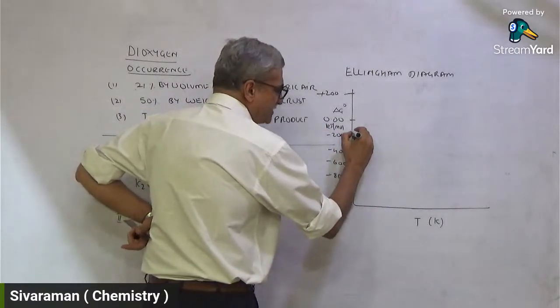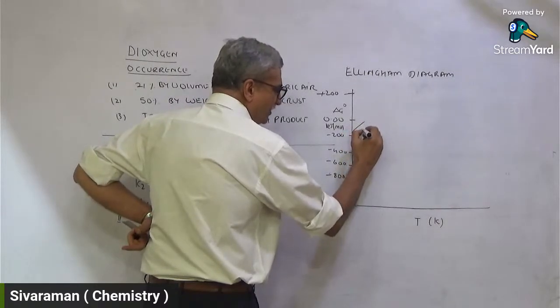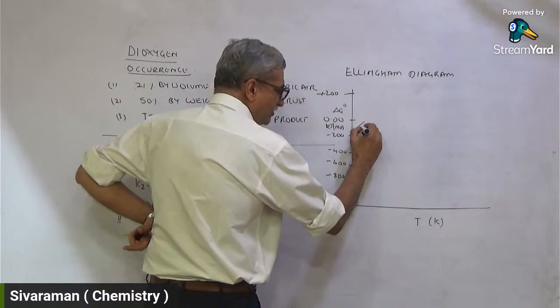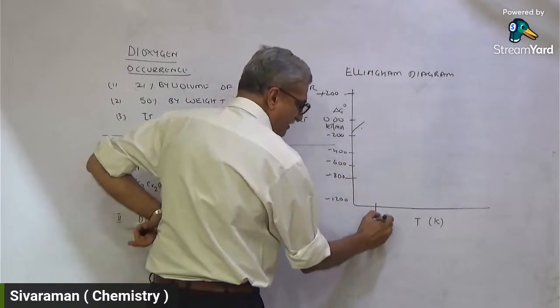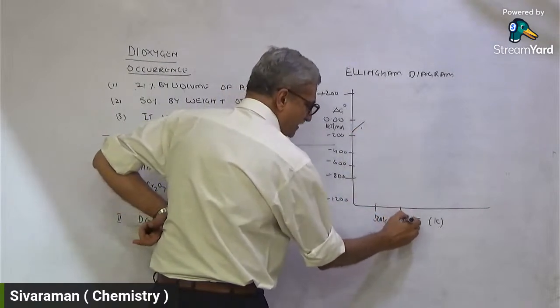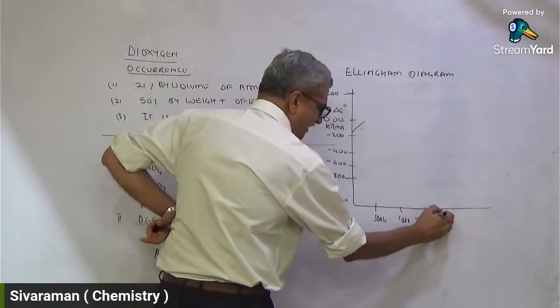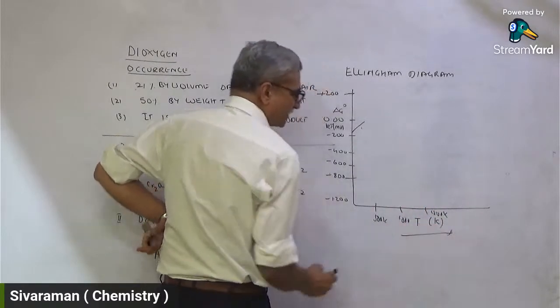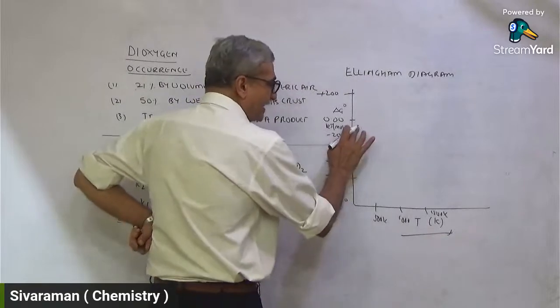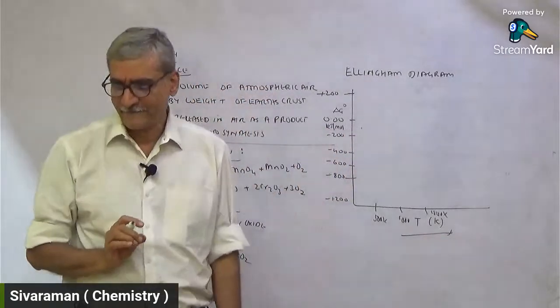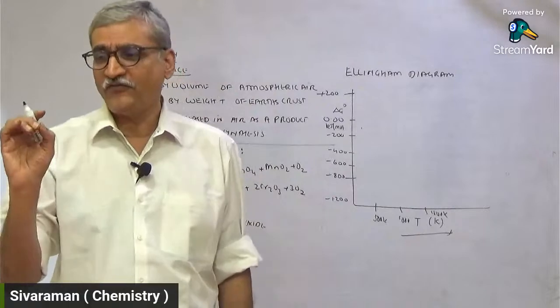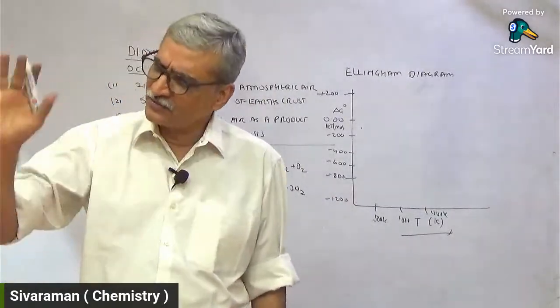So what happens is, when you start from here, as you are increasing the temperature, the free energy changes. So what is the reaction we are talking about? This is 500 Kelvin, 1000 Kelvin, 1500 Kelvin, and so on. So you see, we are tracking. He found a graph for formation of oxide for everything he drew.